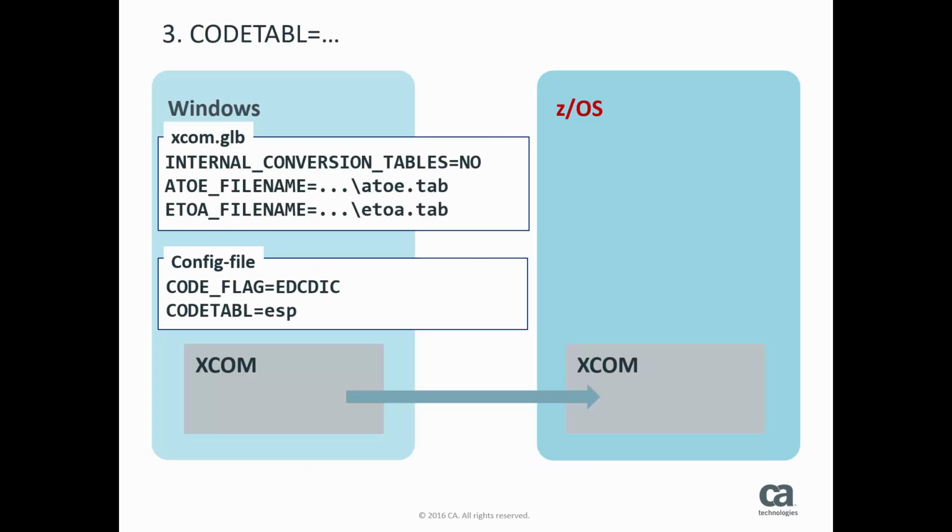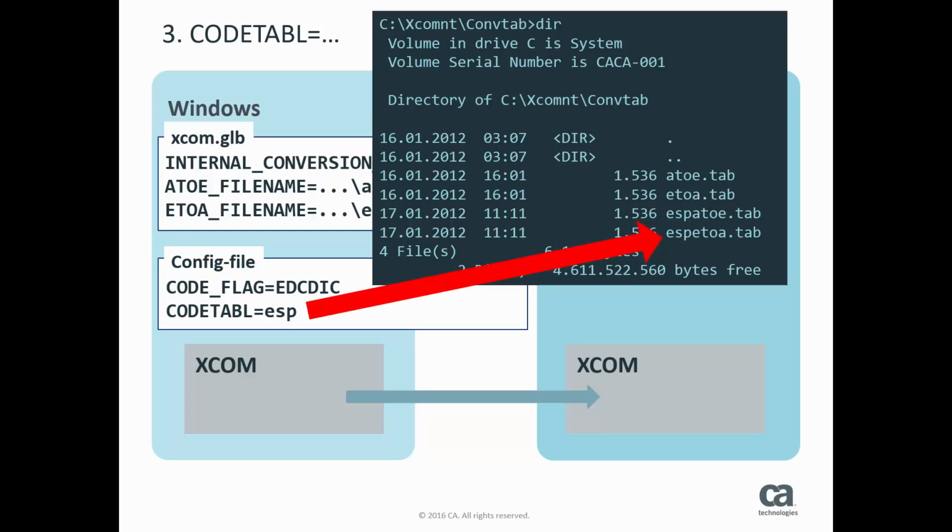We are not restricted to only one conversion table. The parameter CODE_TABLE allows you to specify a translation table specific to a transfer. In this example, we code CODE_TABLE=ESP, which lets XCOM use the translation tables ESPA2E.tab and ESPE2A.tab for that given transfer.